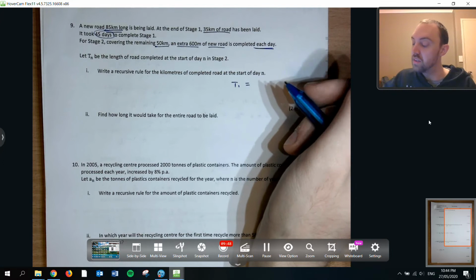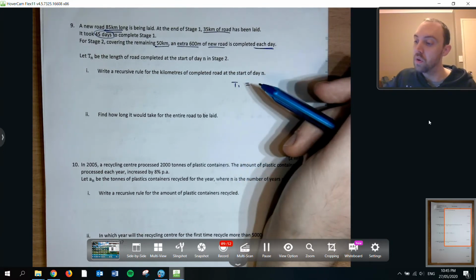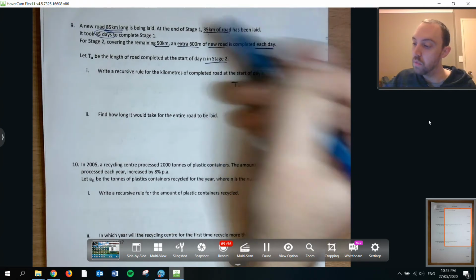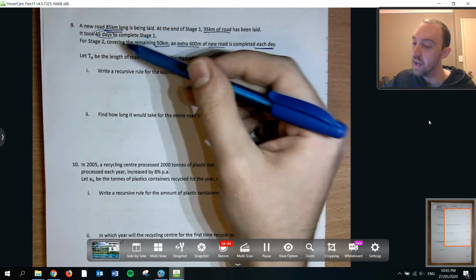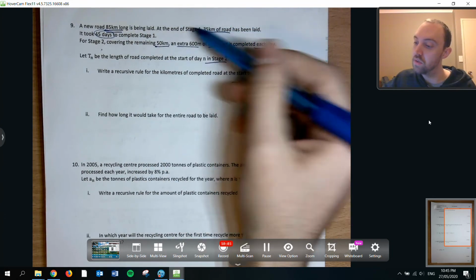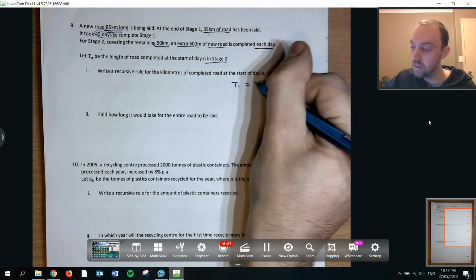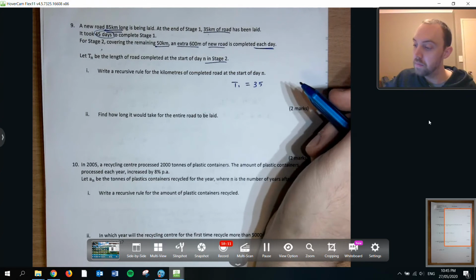I don't want to steer us astray, so I'm double checking. At the start of day 1, how much road has been completed at the beginning of stage 2? Well, 35 kilometers of road have been laid when stage 1 was completed. So stage 2 starts at 35 kilometers.